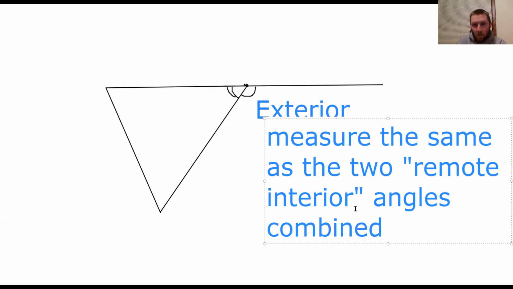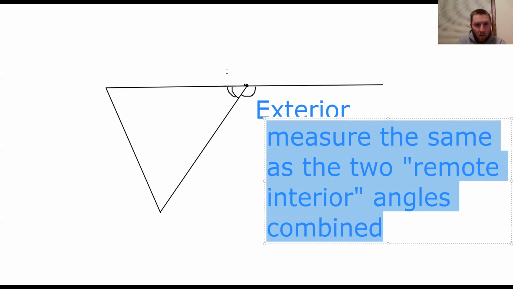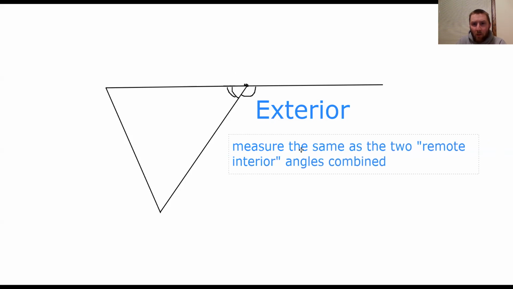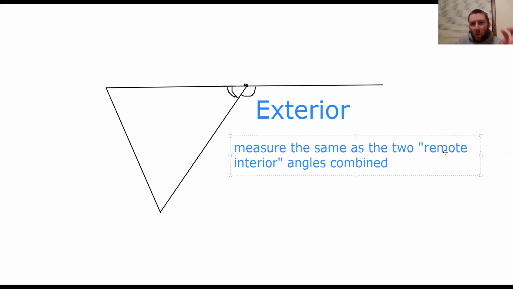All right, now let me see if I can make that. There we go. So the exterior angle here measures the same as the two, what we call remote interior angles, put together. What we mean by remote is far away, like a remote desert island, for example.